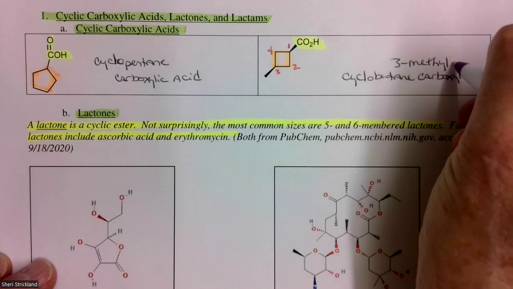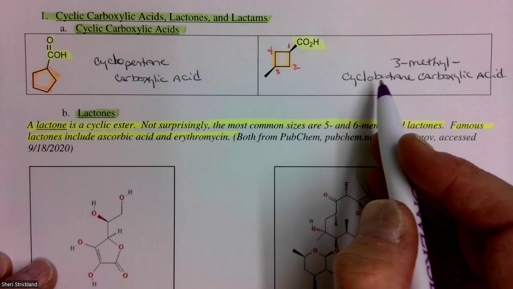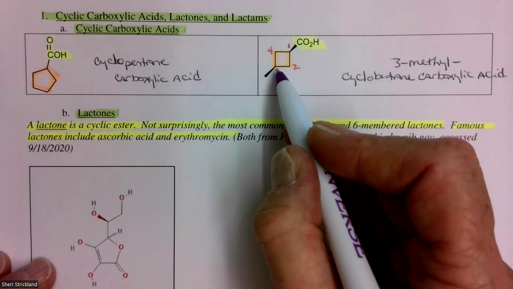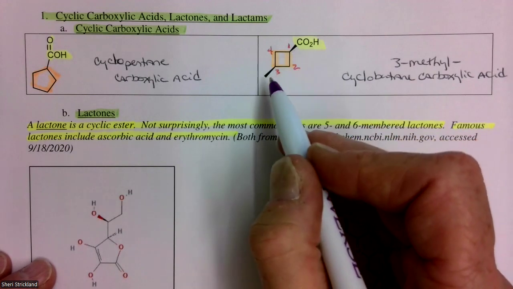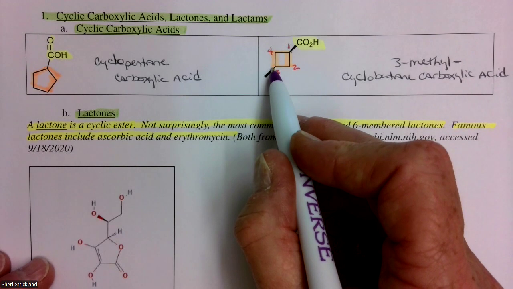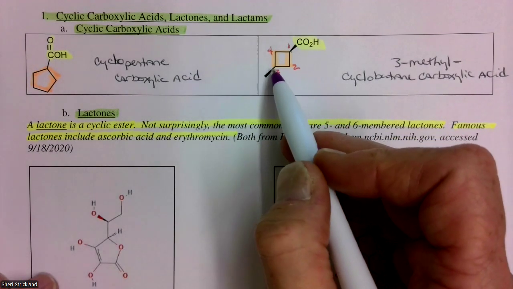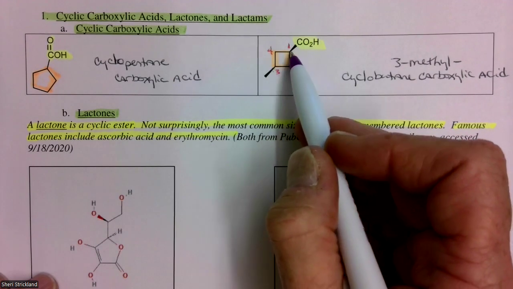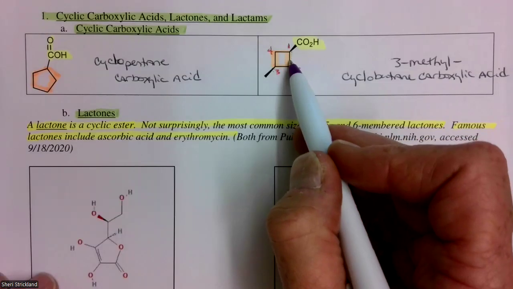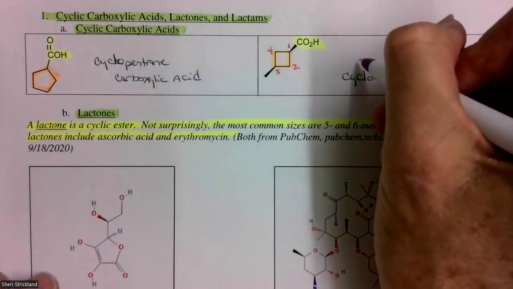And I'm just going to put a hyphen, since if I put it there, it's going to get scrunched because we need a little room for the stereochemistry. Well, let me ask you a question. Can you do R and S? Are these asymmetric carbons? They are not, because the path around the ring is the same. But you can say that it's cis.